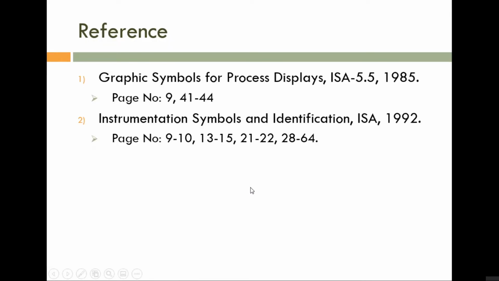These are the references I used for this slide. The first one is graphic symbols for process displays, ISA 5.5, which I am following. The second one is instrumentation symbols and identification, ISA 1992. I am following these page numbers.